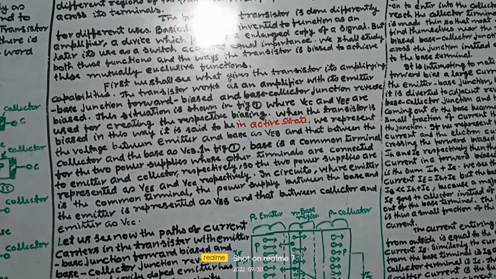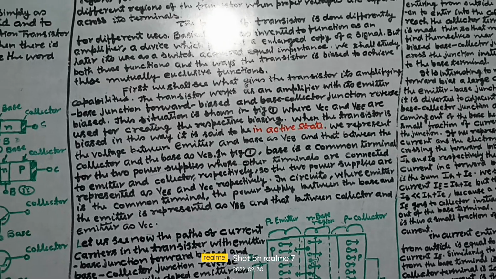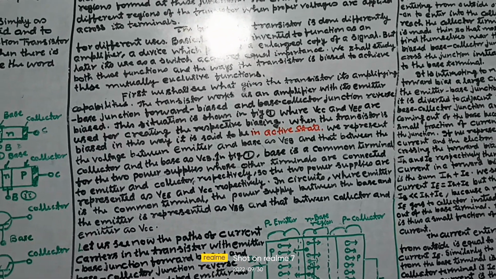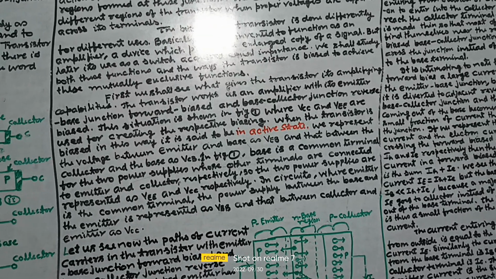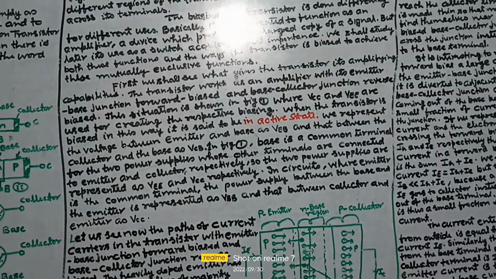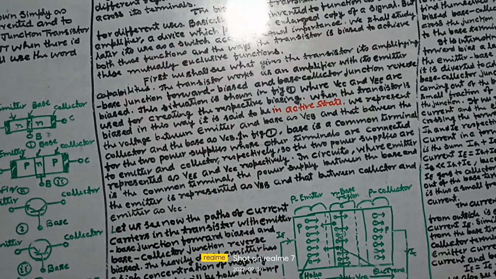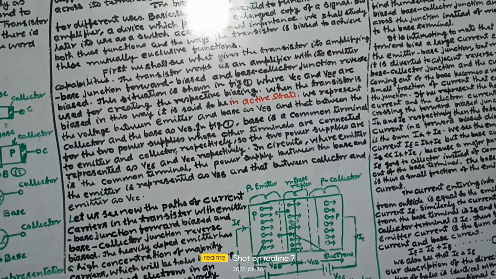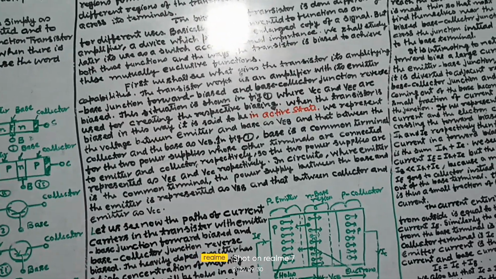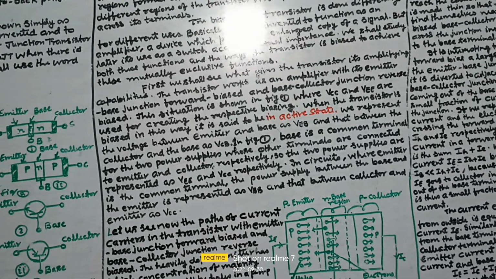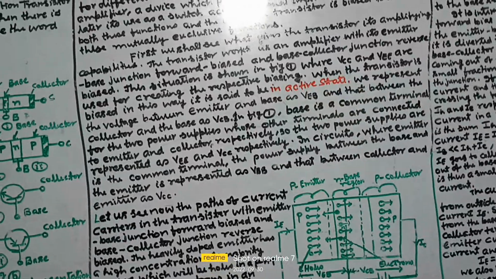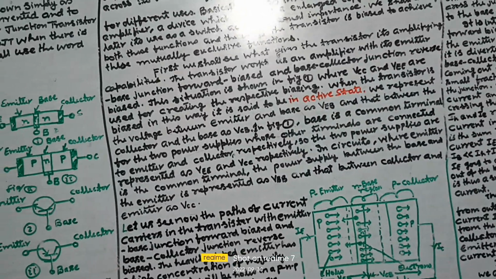In figure 1, base is a common terminal for the two power supplies. When other terminals are connected to the emitter and collector respectively, the two power supplies are represented as VEE and VCC respectively. In circuits where emitter is the common terminal, the power supply between the base and the emitter is represented as VBB and that between collector and emitter as VCC.